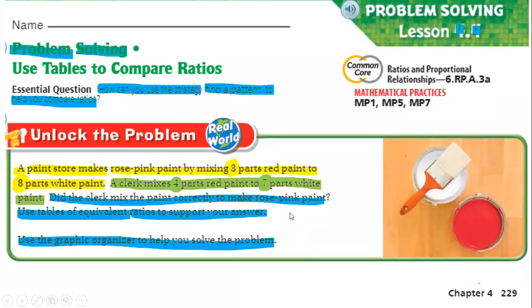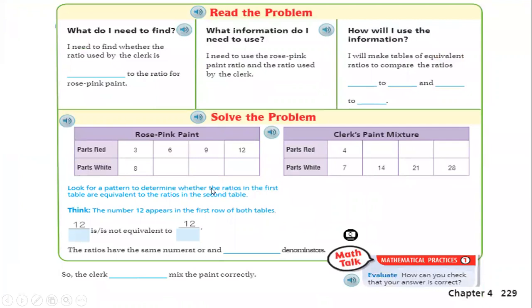All right, let us start our first step in solving. What do I need to find? Abdullah Basri, what do I need to find? Read this, please.